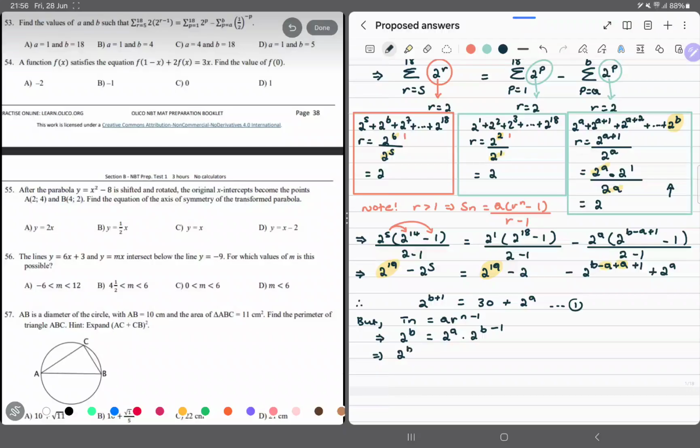We've got 2 to the exponent b equals 2 to the exponent a times 2 to the exponent b times 2 to the exponent minus 1. So we can see that we want to isolate 2 to the exponent a, and we can literally get rid of 2 to the exponent b.